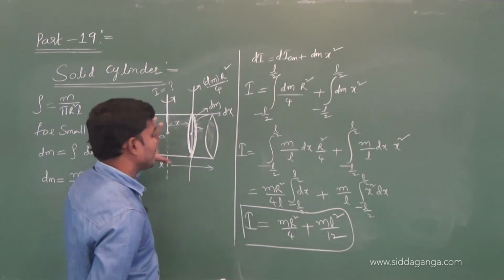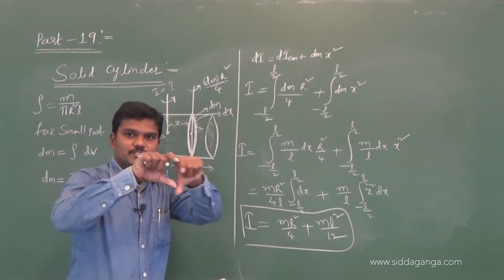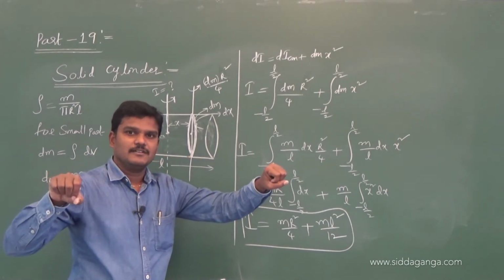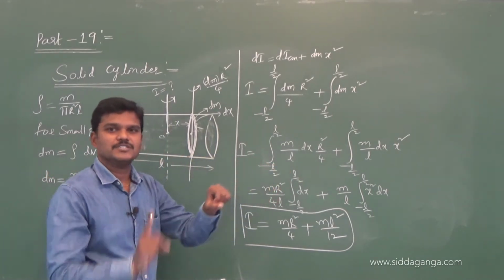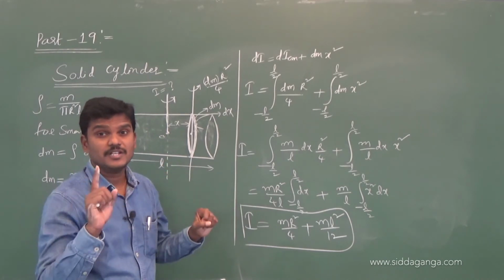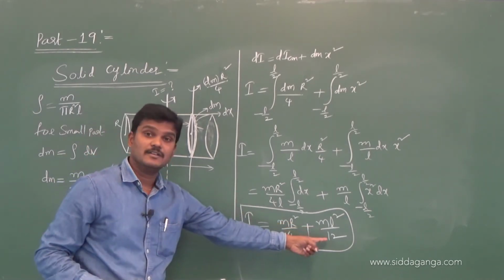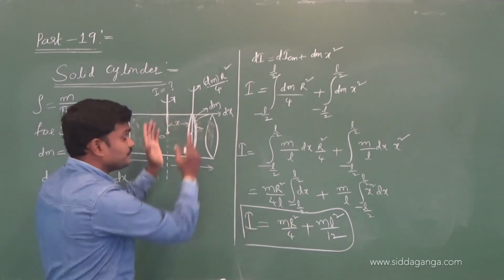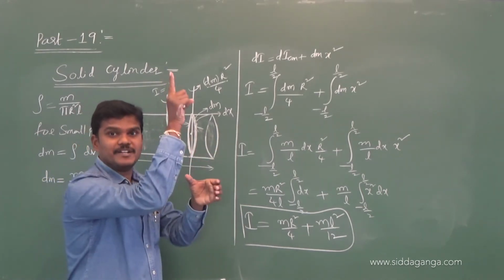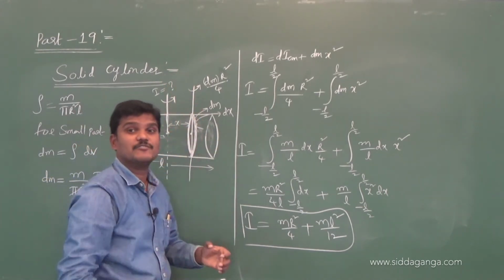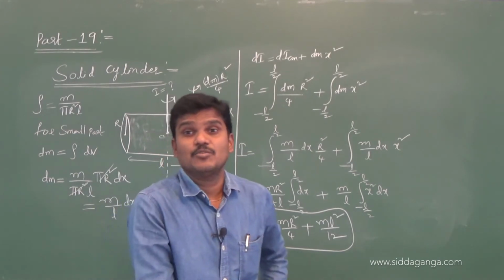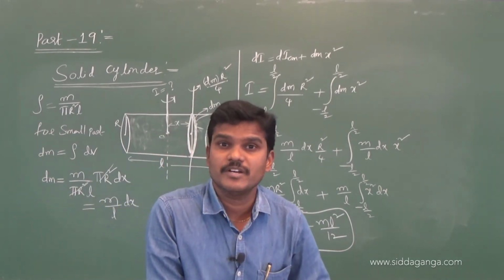So this part we can replace with two objects. One is a uniform rod of length L passing through the center perpendicular to the length, M L square by 12. Another one is a circular disc about a diameter, with the formula M R square by 4.